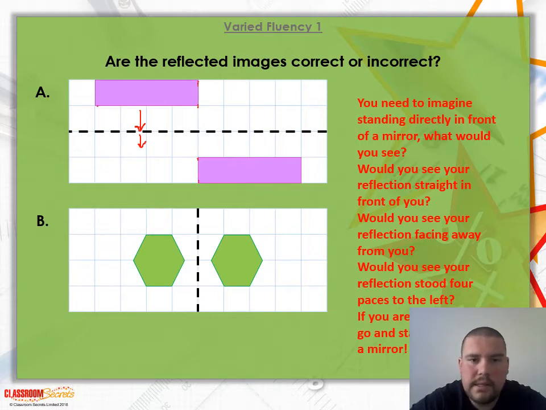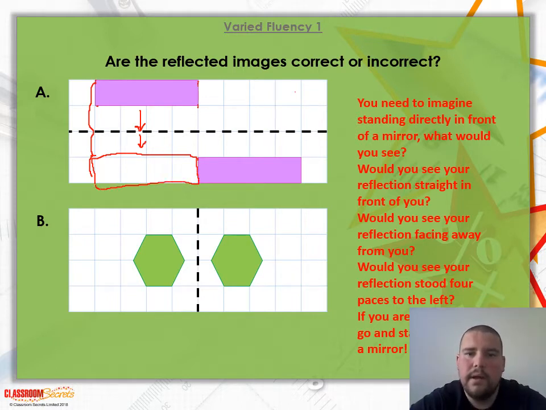This one here, the same again, we're 1 square away from the reflection line, and then we need to take it another square away. So this one up the top would be 2 away from the reflection line, so 1, 2. So we would have it over here. So the reflection of the shape, although it should be straight, mine isn't, would look something like that.